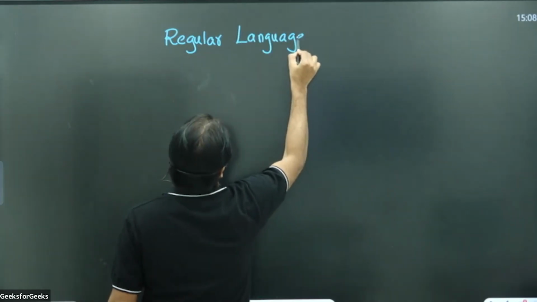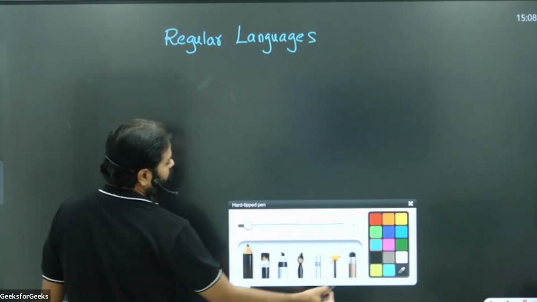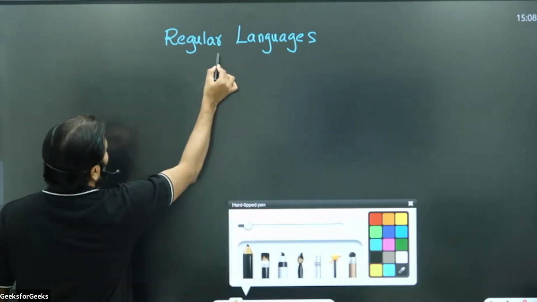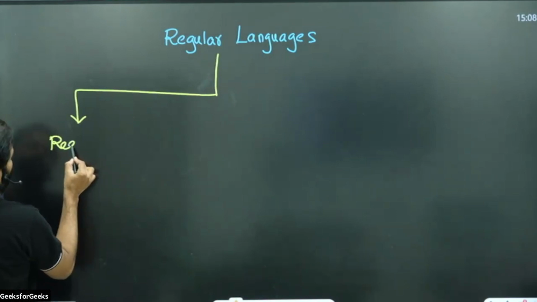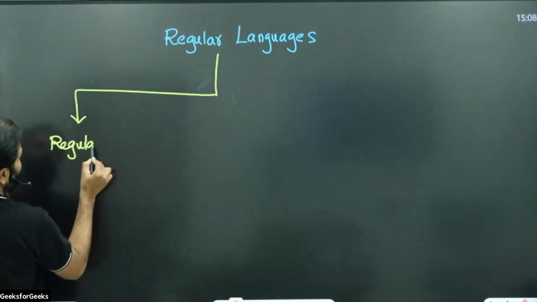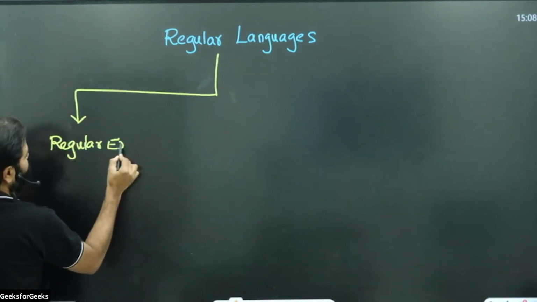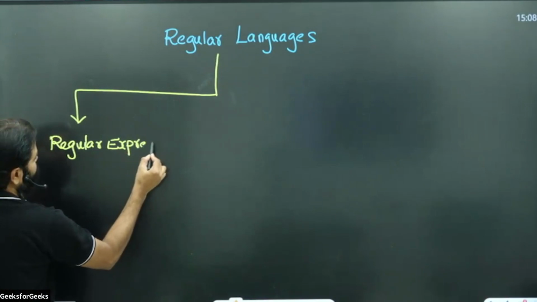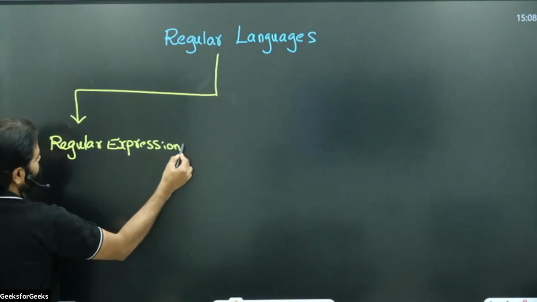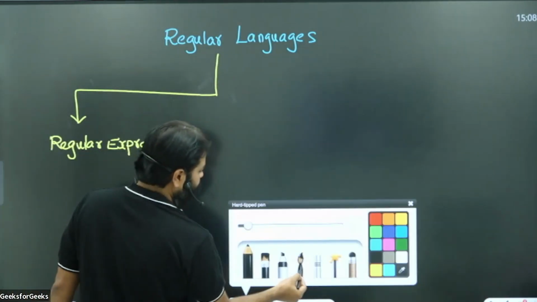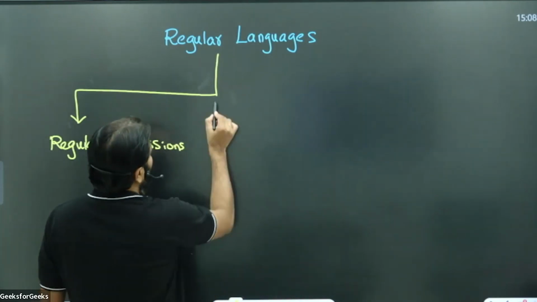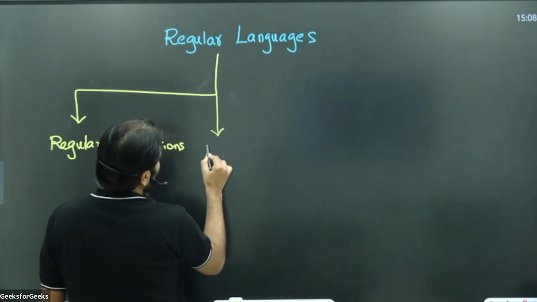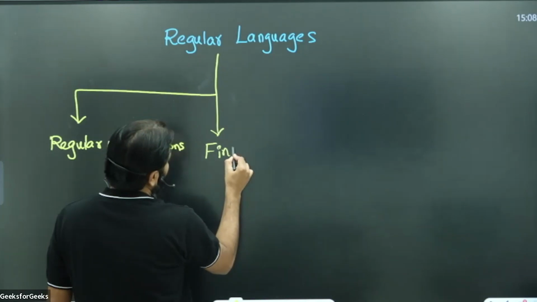To understand these regular languages, we have different models. The one model is called regular expression. That is the first topic for us. Regular expressions. The second model is the finite automata.